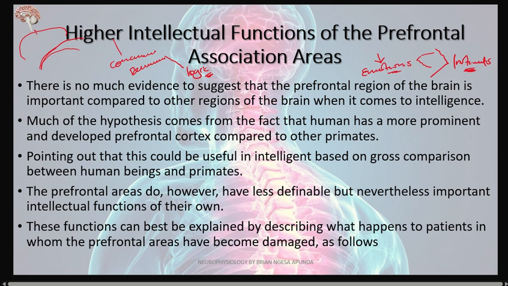So this bank over here, we expect it to have the prefrontal cortex. It is normally charged with the higher intellectual functions. So the higher intellectual functions are likely to employ logic. You are likely to think through logic rather than instincts.